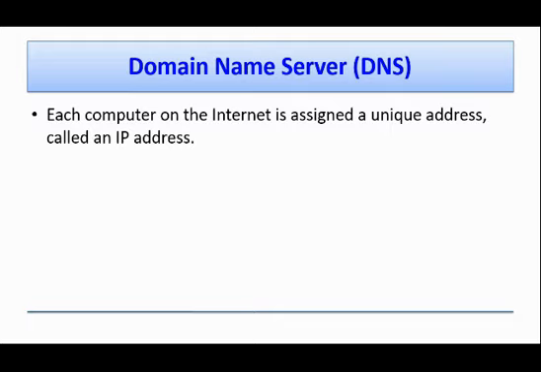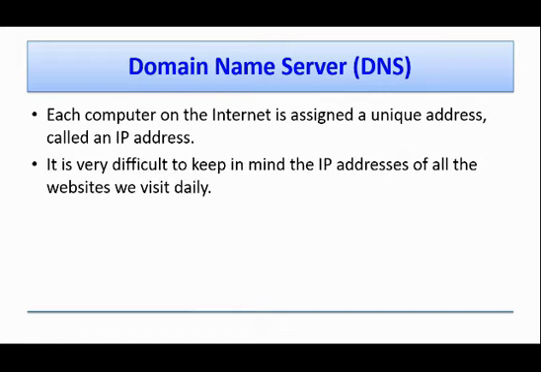I told you that any computer or any device attached to the network should have a unique identification. What is the method of unique identification? That is the IP address. That means any device attached to the computer network must have an IP address, right? But it is very difficult to keep that IP address in mind, right?